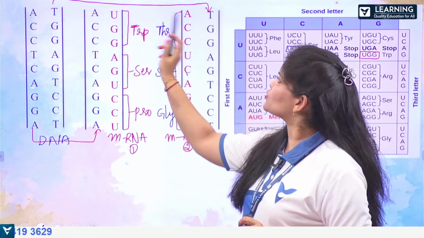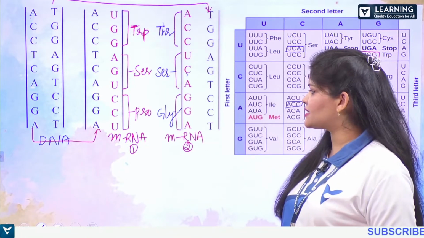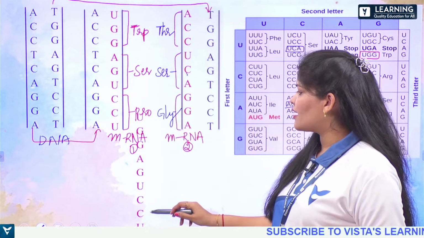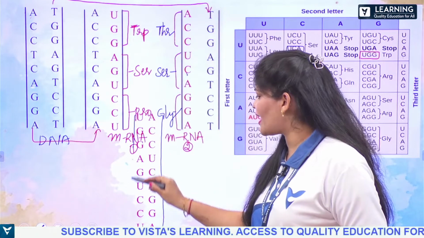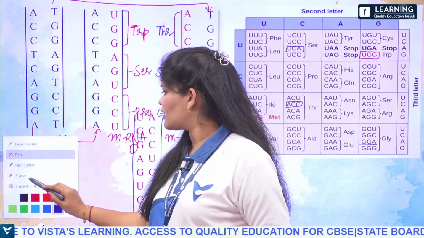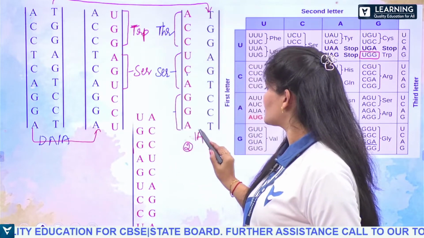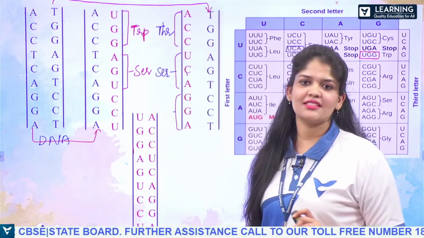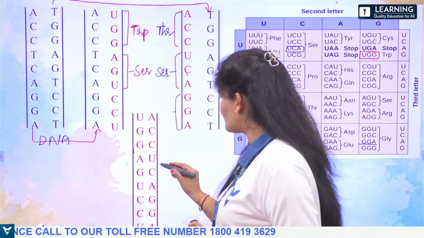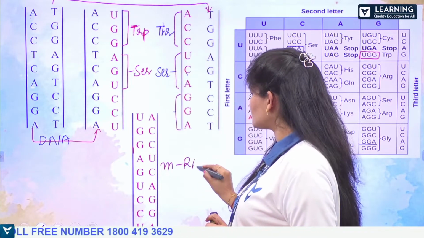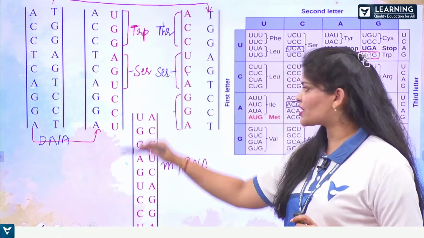If you look at these two strands, these are complementary to each other and there is a chance of forming double-stranded RNA because they have complementary base pairing with each other. As the two strands are complementary, they form a double-stranded mRNA.